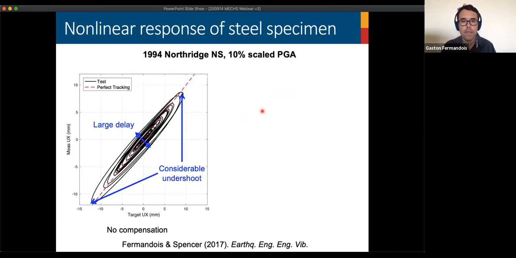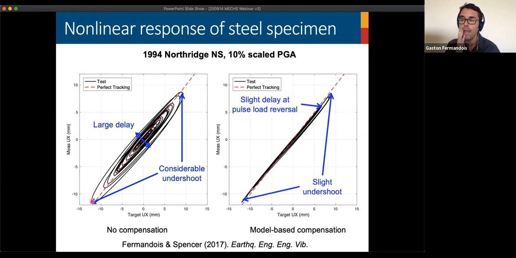We can go further, for instance, for the Northridge earthquake, scaled to 10%. We have displacements that are on the order of 10 millimeters. This is like half of the capacity of the LBCD equipment. No compensation, very bad results. With compensation, we still have some good results with some errors due to this slight delay at the pulse load reversal of the ground motion.